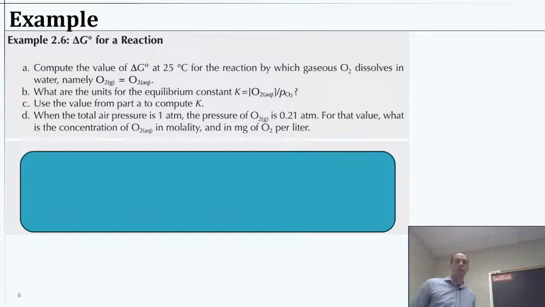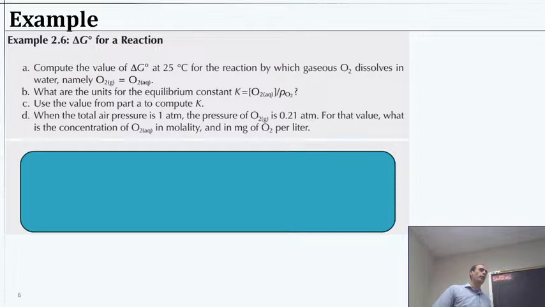All right, so the last part says when the total air pressure is 1 atmosphere, the pressure of oxygen is 0.21 atmospheres. So that's kind of like, practically speaking, what we breathe: instead of having 1 atmosphere of oxygen, we have 1 atmosphere of our atmosphere. What is the concentration of oxygen aqueous in molality and in milligrams per liter?